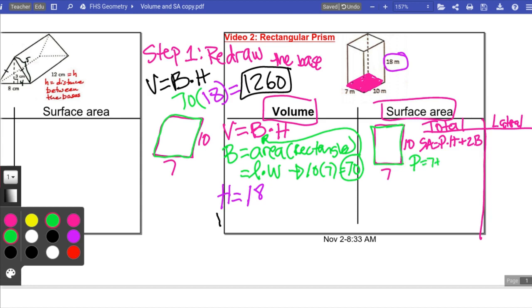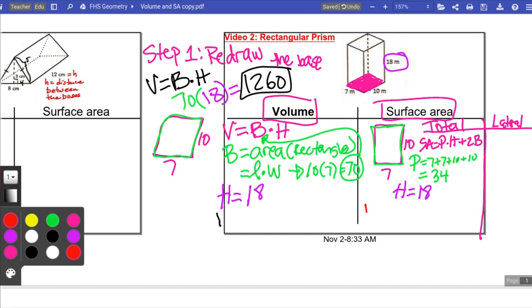So 7 plus 7 plus 10 plus 10, perimeter equals, 7 plus 7 is 14, 14 plus 20, we get 34. Now let's do big H. It's 18. How tall is the prism? That's 18.